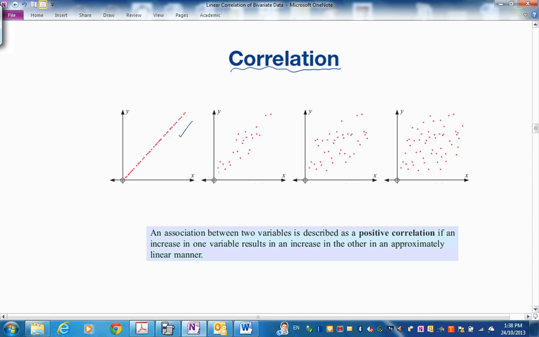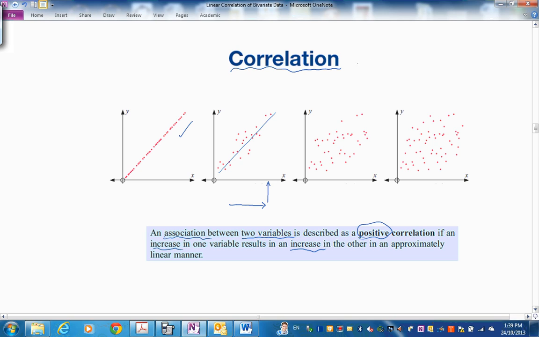We've got some wavering away from a straight line if you try to put a line of best fit in there, so that's not as strong. Still positive though, in all these cases, as the independent variable increases, the dependent variable increases. So they're all positive. Just pause here. Association in bivariate data, or between two variables, is positive if an increase in one results in an increase in the other. They're both in the same direction.